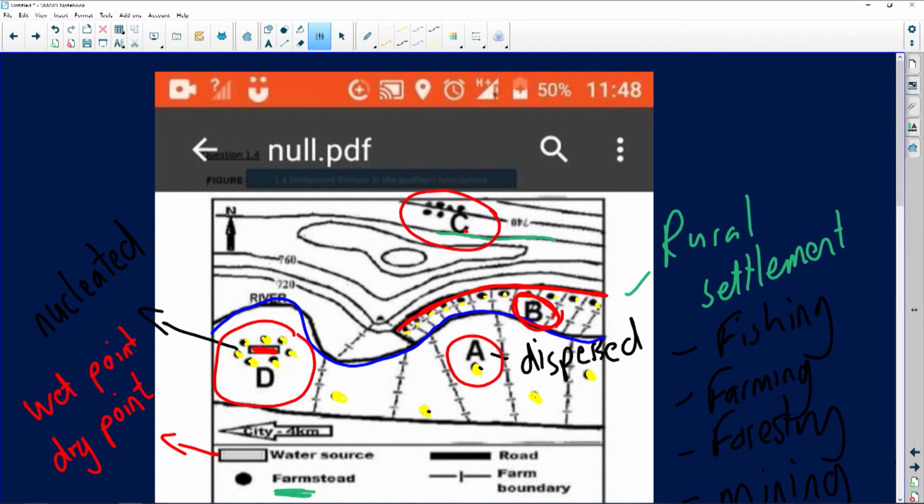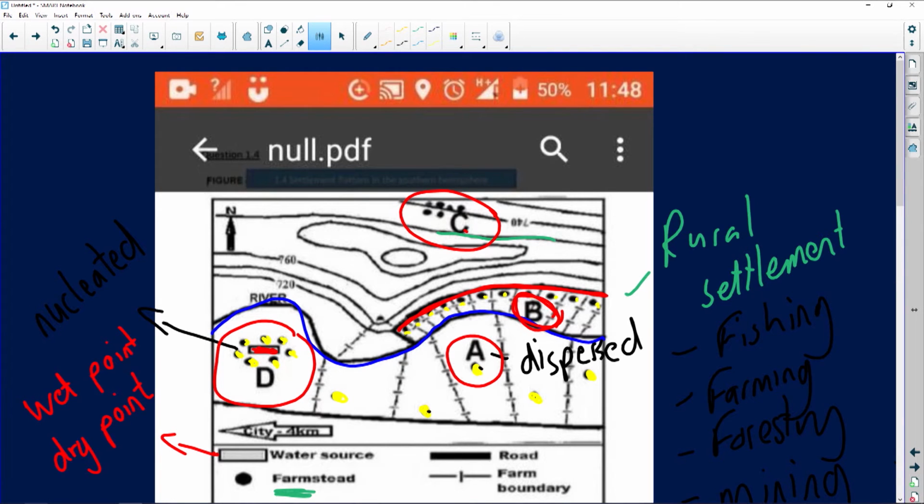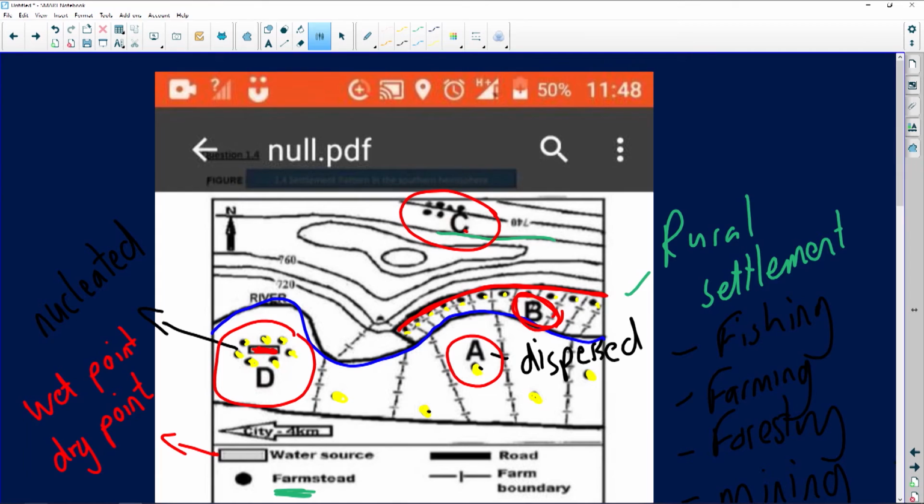So immediately, B is not going to experience problems with irrigation because they have a river system that provides them with water. And secondly, they have a road. So it gives them great access to be able to take their goods and transport them. And if you look at the pattern, it's a linear pattern because all these farmsteads are in a row.